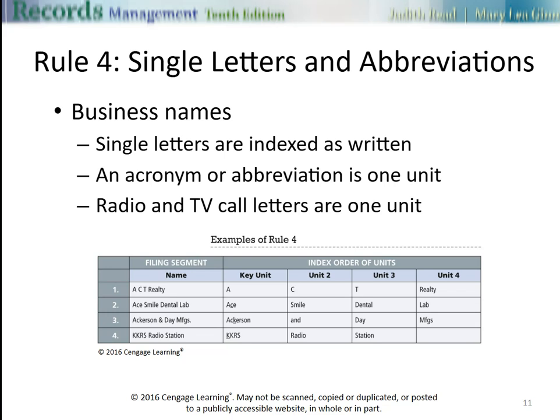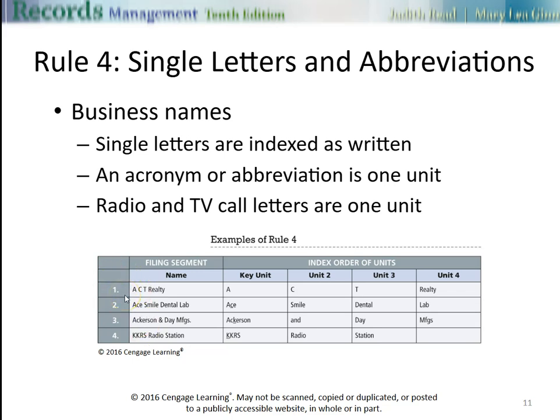For single letters, they would be indexed as written. Any acronyms or abbreviations would be 1 unit. And finally, even radio and TV call signs like KKRS, they would count as 1 unit. And KKRS is counted as 1 unit because we don't have any spaces in between them.